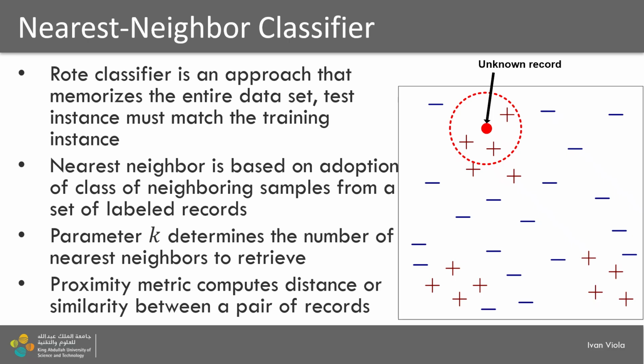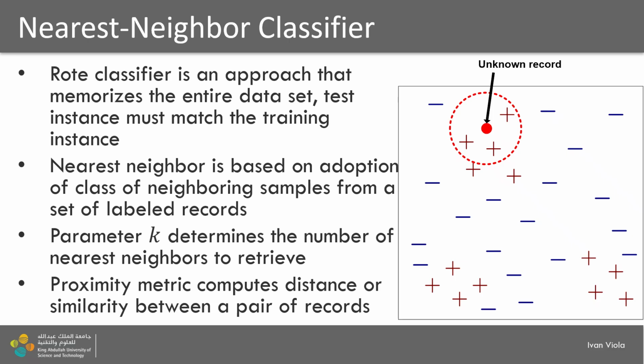And if the training record exists, then it will return the class for that training record entry. So it's actually not really learning anything. It's just memorizing the entire data set and acts basically as a database query. This is a very simple classification technique, but it doesn't really do much of a classification.